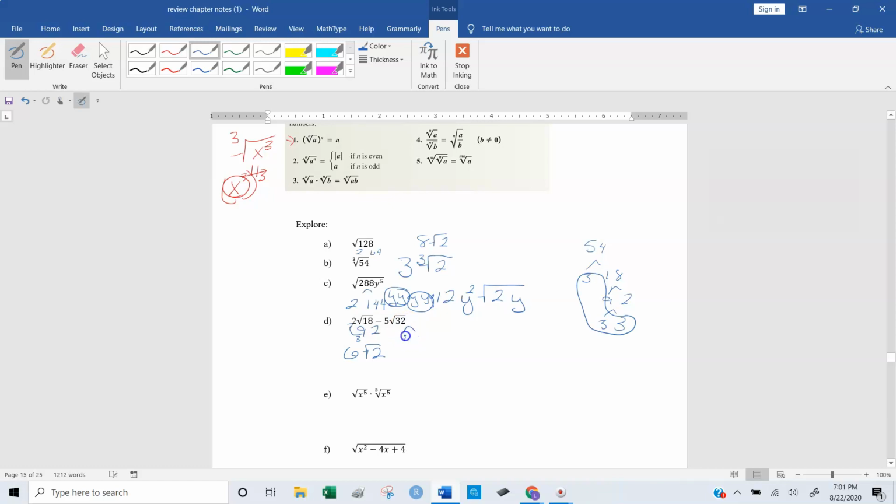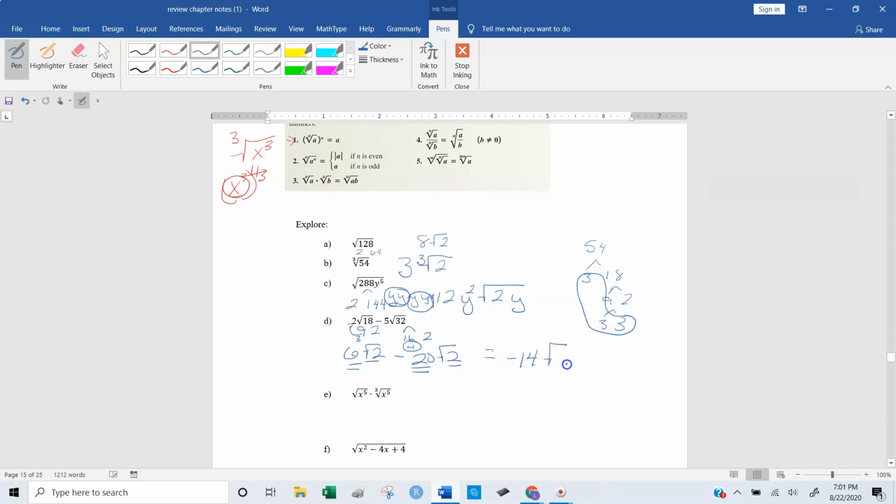Well, 32 is 16 and 2. Well, the square root of 16 is 4. So I'm going to take the 4 times the 5, which is 20. So I got minus 20 square roots of 2. Since they both had the same square root of 2, I can subtract their coefficients. So 6 minus 20 is a negative 14.